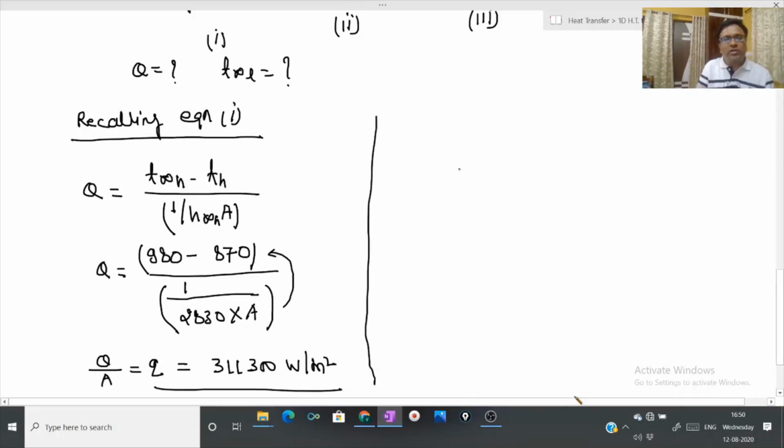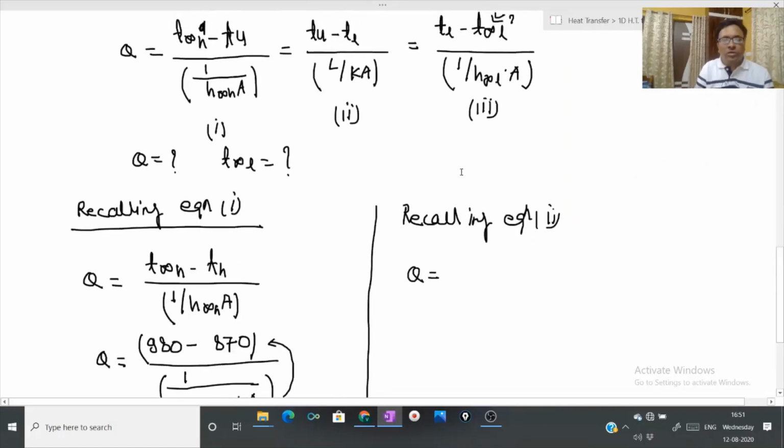Now let us recall equation number 2. Q is equal to TU minus, sorry, this is TU, extremely sorry, TU minus TL over L over KA.